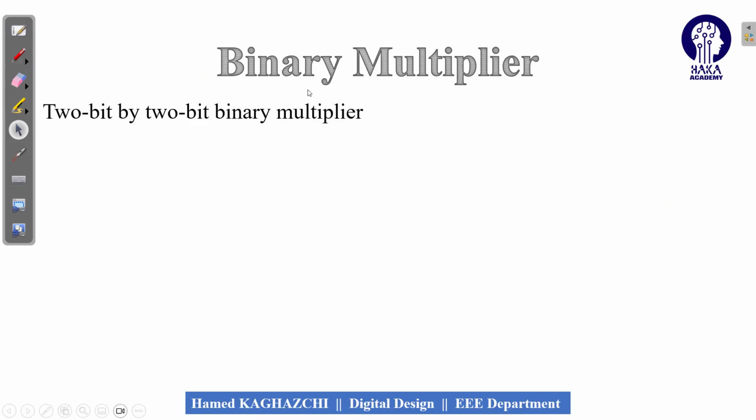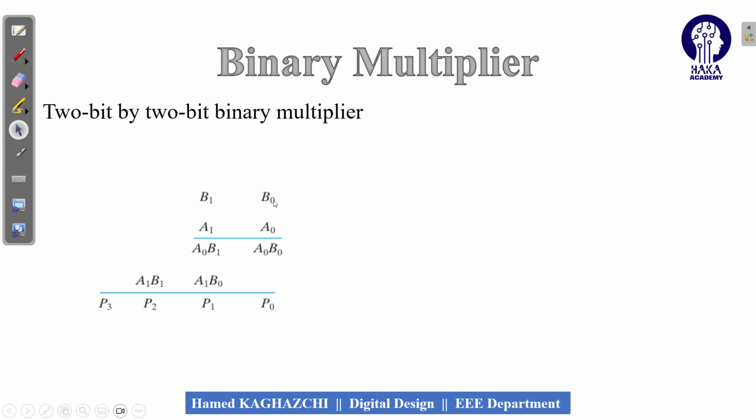Now, in the case of the binary multiplier, suppose that we have 2-bit by 2-bit binary numbers. We want to multiply them, and actually we want to implement the digital circuit. You know that from primary school, if we have two numbers, we can multiply them in this form: a0 multiplied by b0, and a0 b1, again a1 b0, a1 b1, then add all of them together.